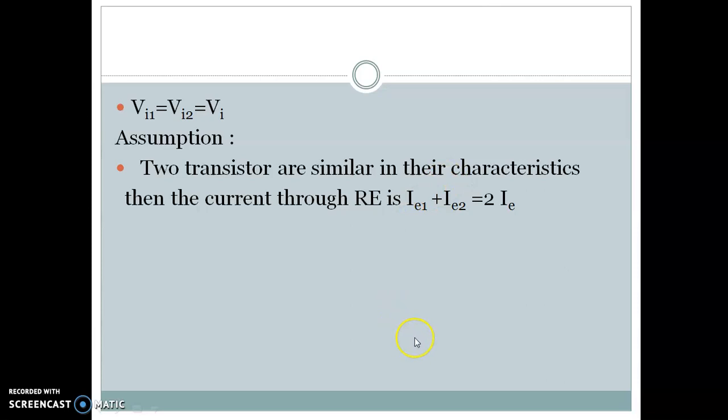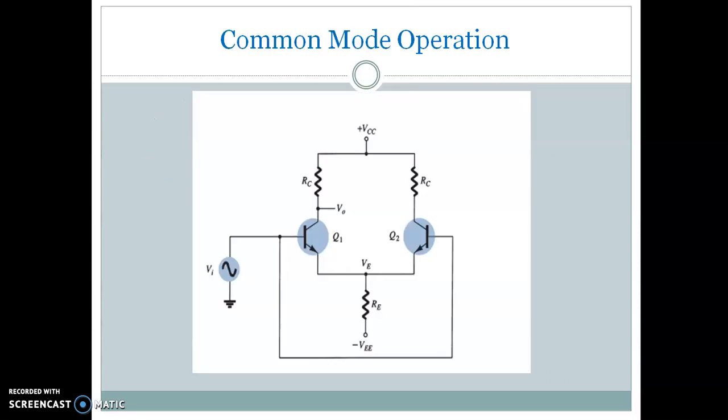When both the transistors are fed with the same signal, both of them try to increase the current, because you can see that the signals are in phase with each other. As the signal keeps increasing, the emitter current of both transistors will be increasing, which flows through RE.